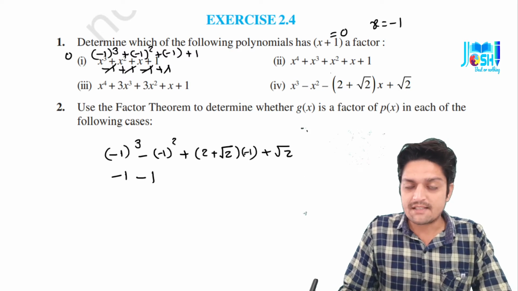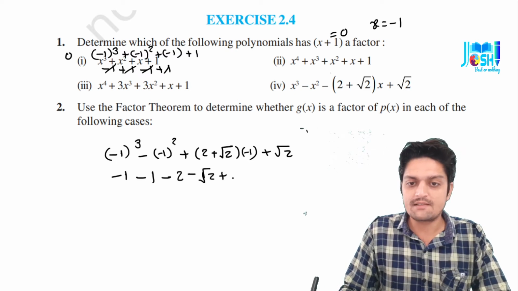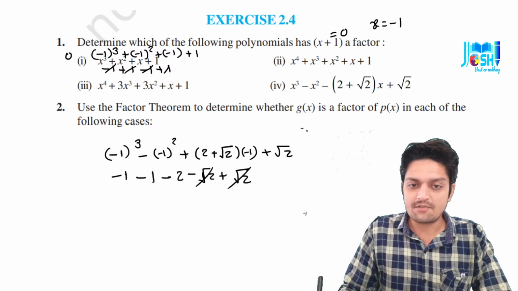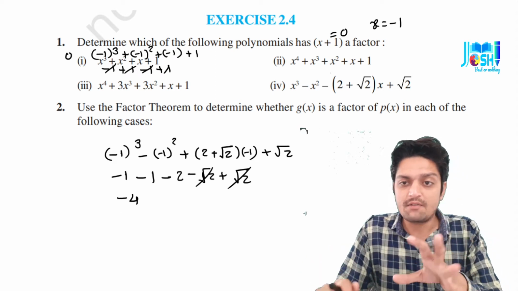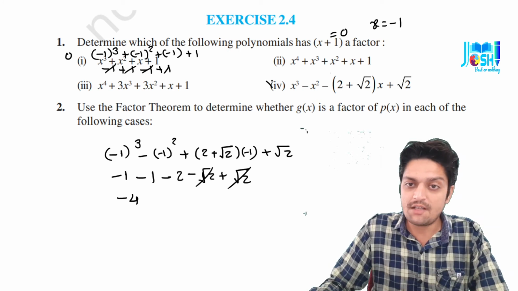Now if you expand this thing, 2 into minus 1 is minus 2, and minus 1 into root 2 is minus root 2, plus, okay, this root 2 as it is. So minus root 2 plus root 2 cancel, minus 1 minus 1 minus 2, and again minus 2, that is minus 4, which is not equal to 0. So this is not a factor.